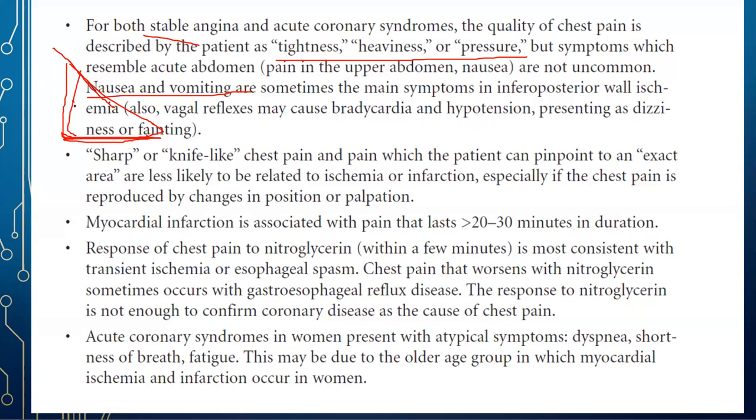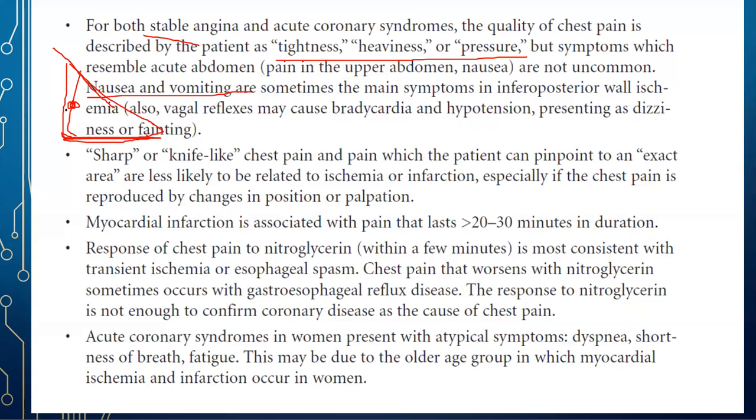Usually inferior MI happens when the right coronary artery is blocked. In case of inferior MI, the vagal reflexes or vagus nerve get stimulated, and those patients can have bradycardia, hypotension, and sometimes they can present to you with a fainting or syncopal attack.